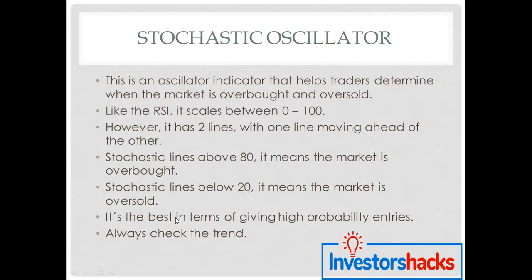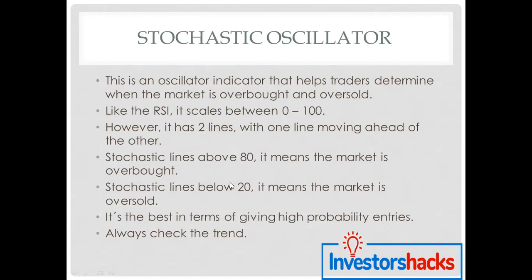The stochastic is one of the best technical indicators when it comes to giving you high probability entries. Therefore, if you master how the stochastic oscillator operates, you'll have high chances of getting high probable entries.